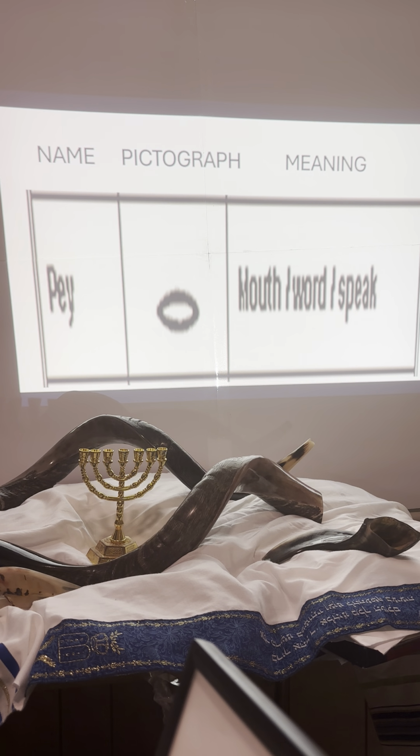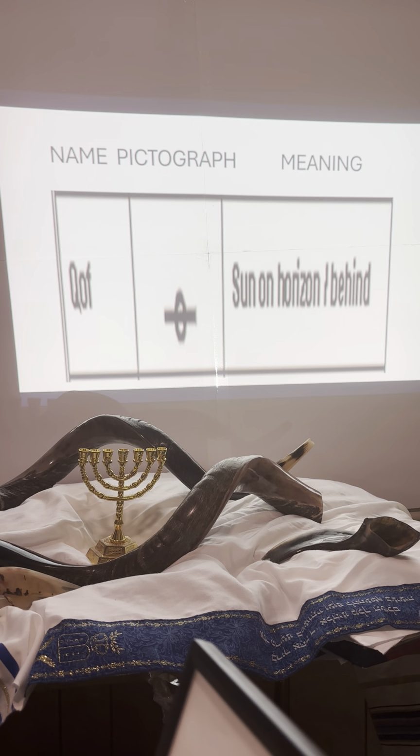Then Pe, dealing with the mouth, speak, the word. That's the meaning of it. Sade, the meaning of that is a man on his side, like he's lying on his side, and it has desires, it has needs.